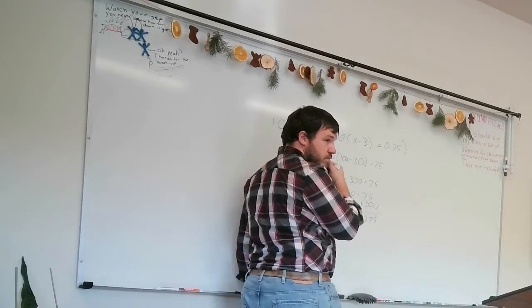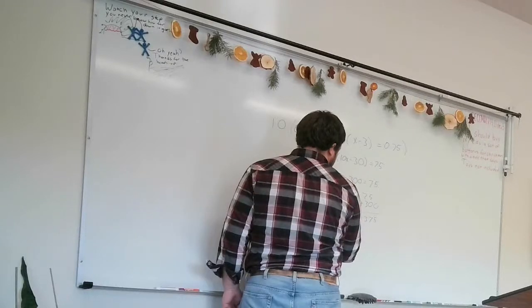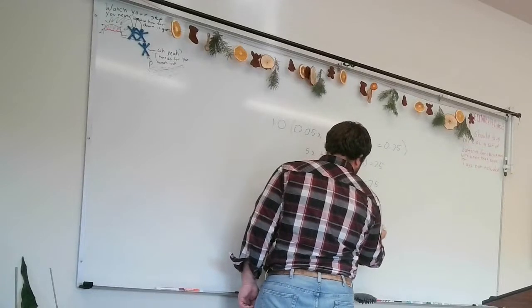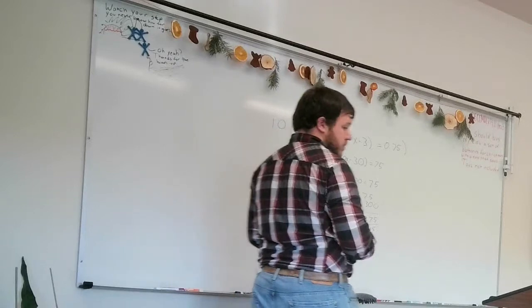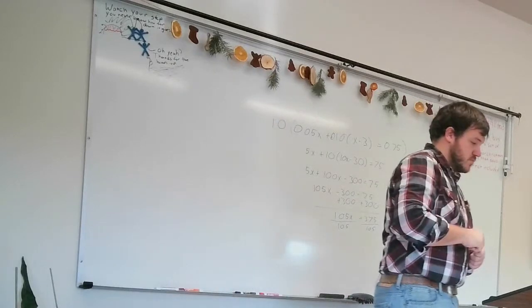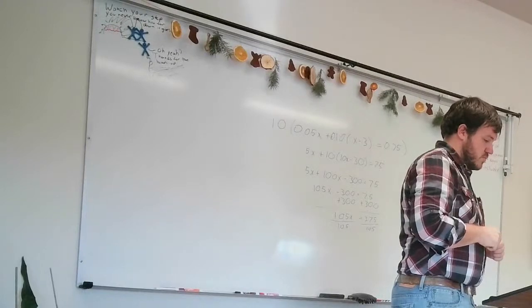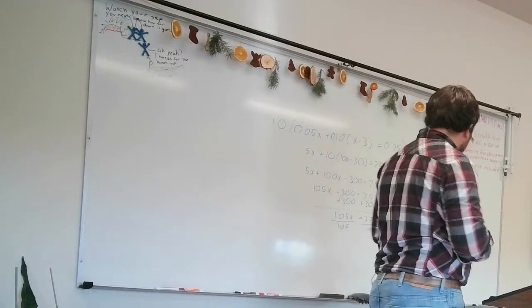It doesn't come out. Divided by what? 0.05. It came out to 3.7. It's 3.5. Oh, here's where it was wrong.